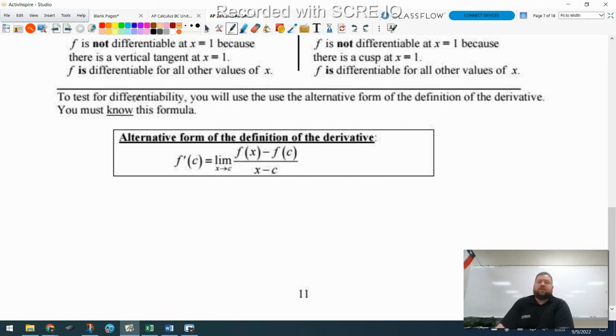Test for differentiability. You will use the alternative form of the definition of derivative, which we learned about in our last lesson. There it is again, to test whether a function is differentiable or not differentiable.